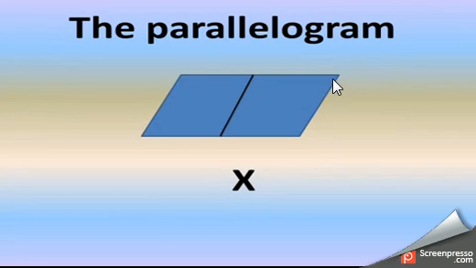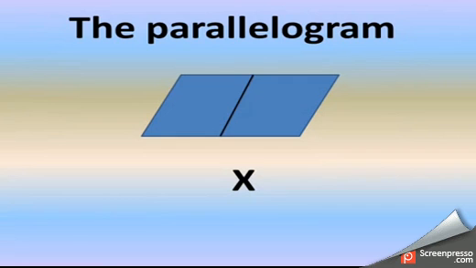Why, mister? Because of this acute angle and this obtuse angle. When I fold these two parts, the acute angle falls over the obtuse angle, so it should have the same angle to completely cover each other with the same shape. So I can't consider this a line of symmetry of a parallelogram.